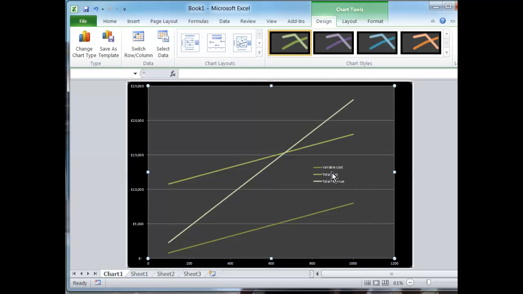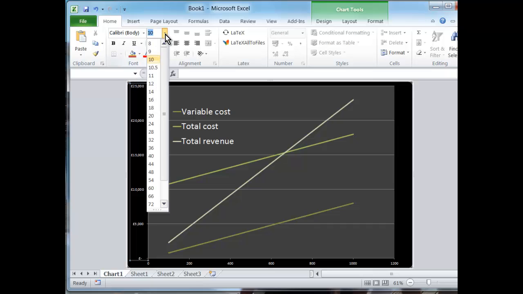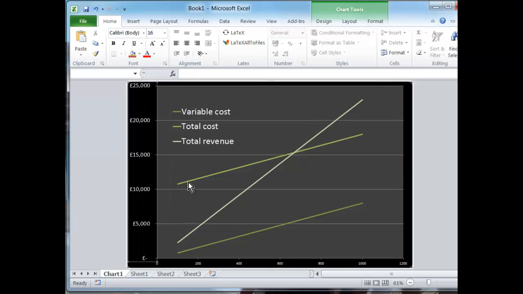The fonts are still very small, so we probably want to increase the fonts as well. And the legend. So now it slowly becomes a bit visible. What else? This font is also still very small. Let's just go up there to 16.